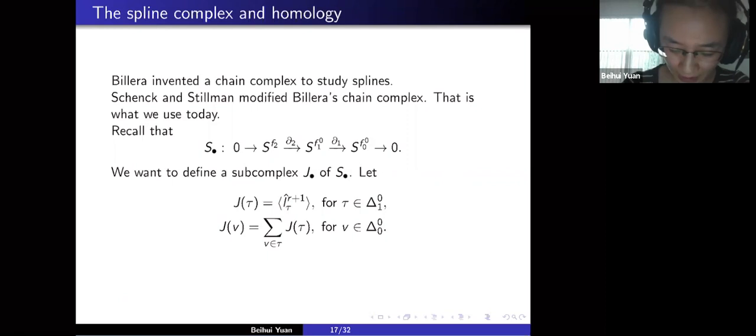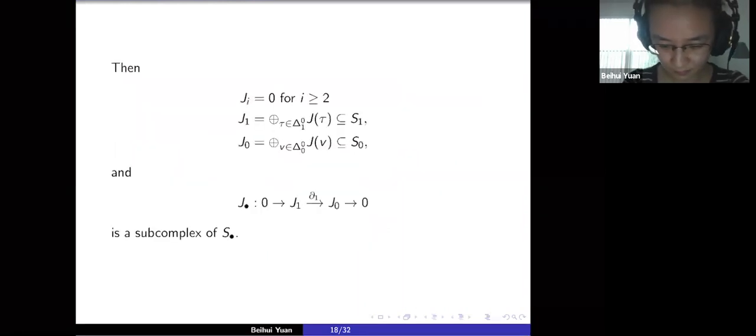And then for every interior vertex, we define J of V to be the sum of all the J of taus for which V is a vertex of tau. And then for all i greater than or equal to 2, we define G sub i to be just 0. And G sub 1 is the direct sum of all the J of taus.